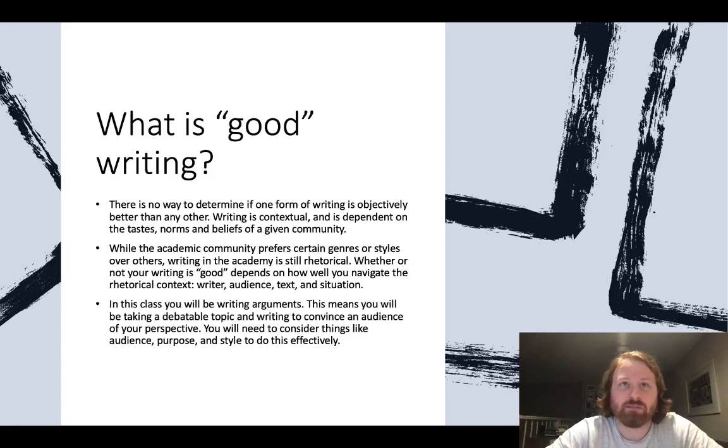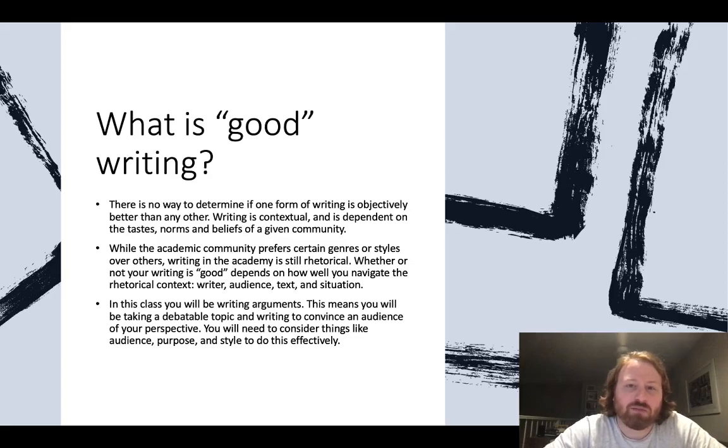I mean, what counts for good writing in a field like English might be very different from what counts as good writing in a field like math. They might have different goals, or they might have different norms or conventions that the other field does not. And so it really just kind of depends.